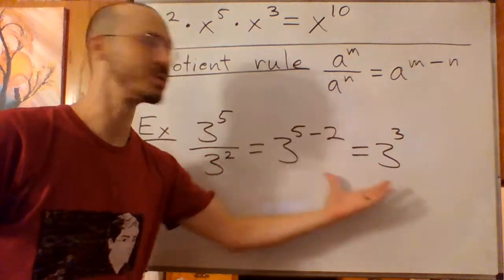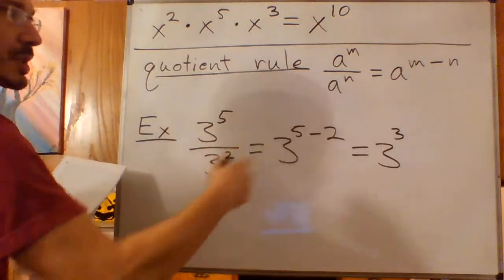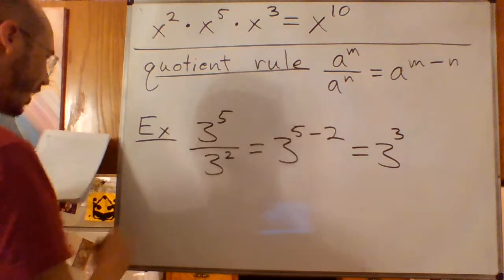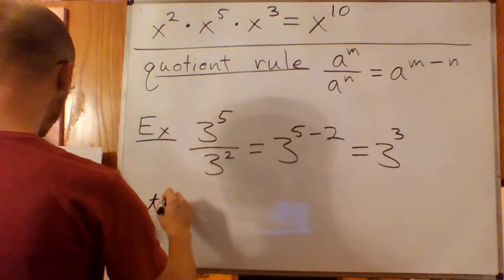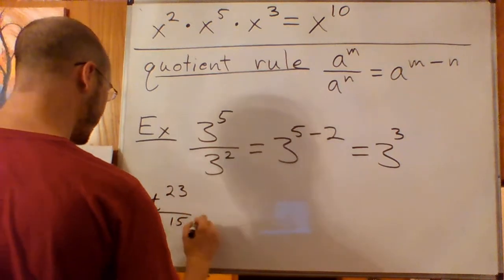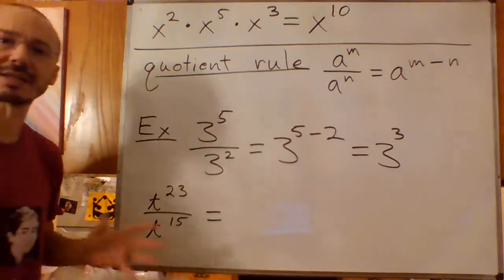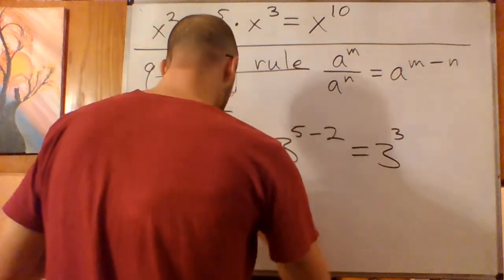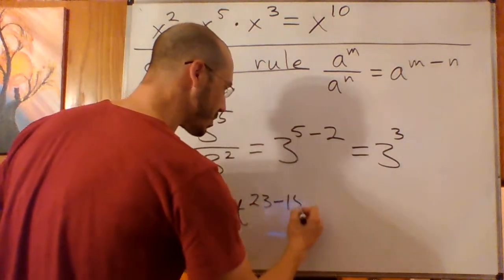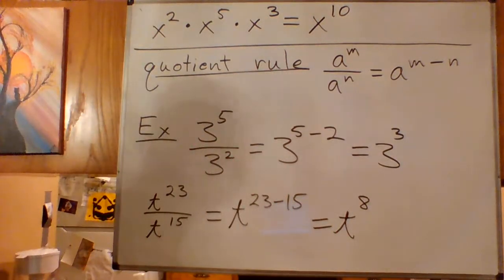The next step would just be to say 3 times 3 times 3 is 27. The other example I have is a variable one, t to the 23rd divided by t to the 15th. But again, it's the same thing. It's t to the top exponent minus the bottom exponent, and that's t to the 8th. And that really is simplified for that one.